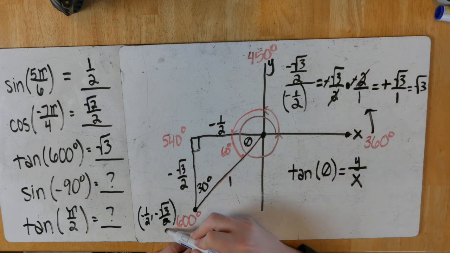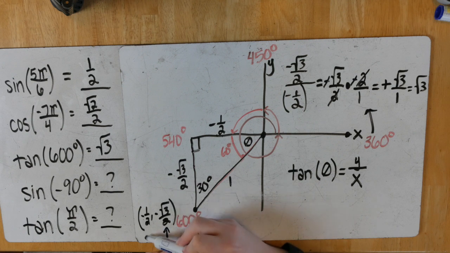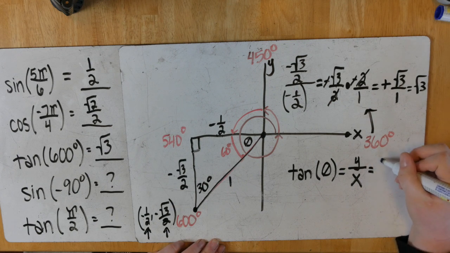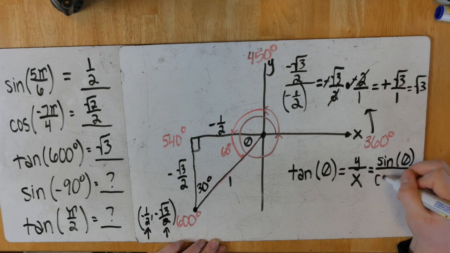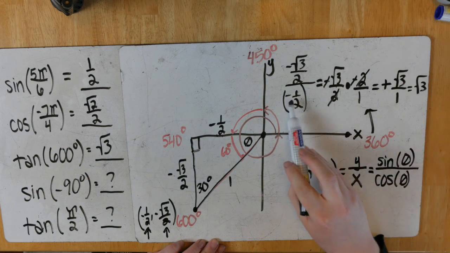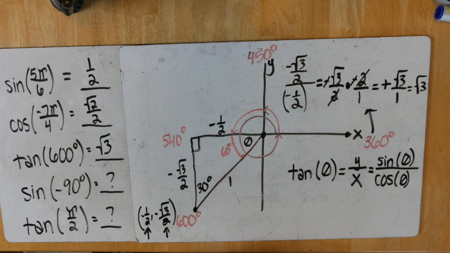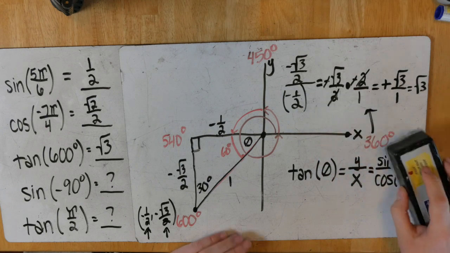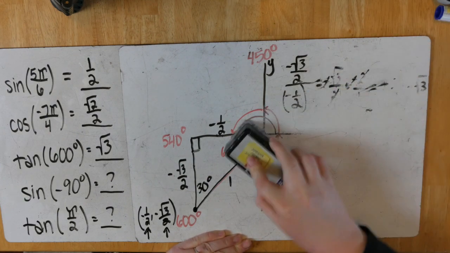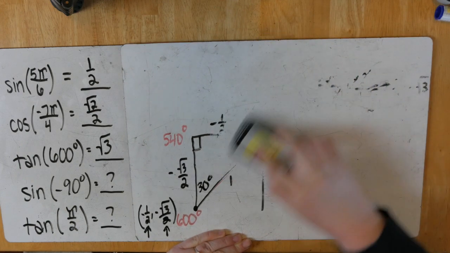So we could take the y coordinate point and divide it by the x coordinate point, which again in the unit circle is the same as the sine of theta divided by the cosine of the angle theta. And so we did that just up here and then simplified to find the tangent of 600 degrees.